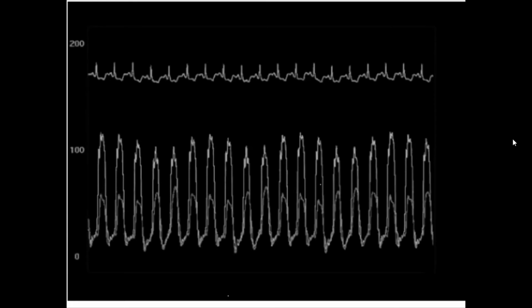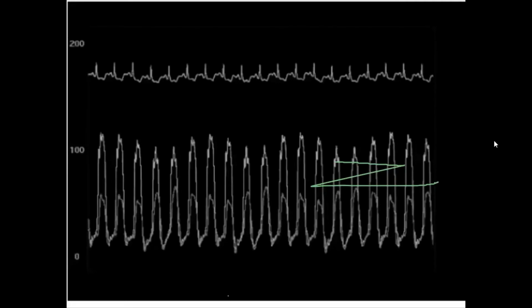Just utilize what we said. This is a simultaneous hemodynamic tracing of LV and RV, scaling between 0 to 100 with ECG, which is sinus, showing exaggerated discordance between the LV and RV.